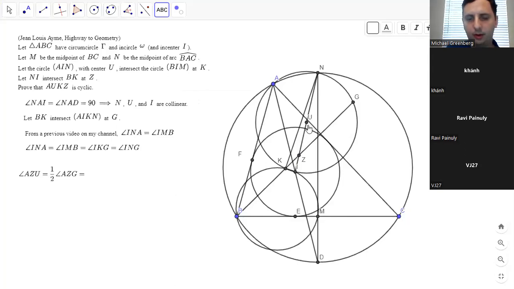AKU is basically 90 minus half of AUK, which, yeah. So AKU.